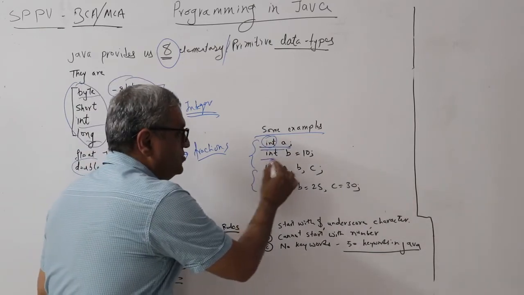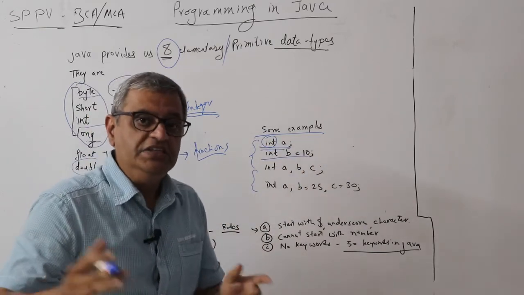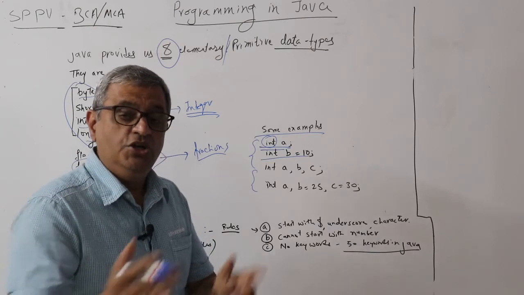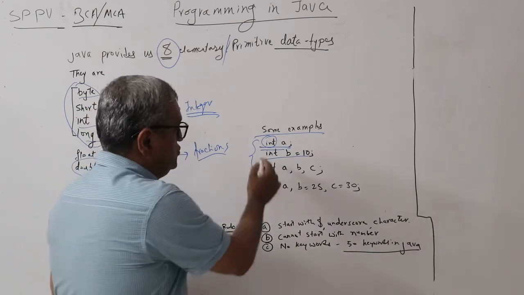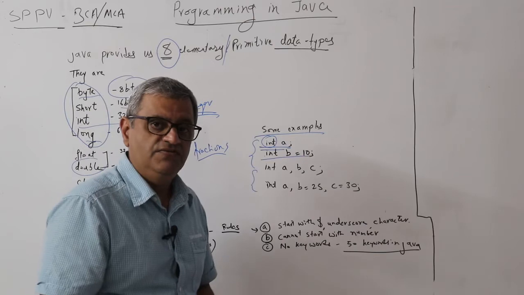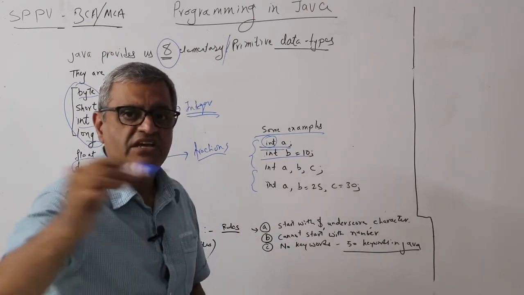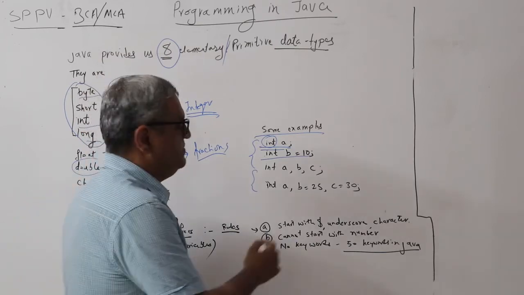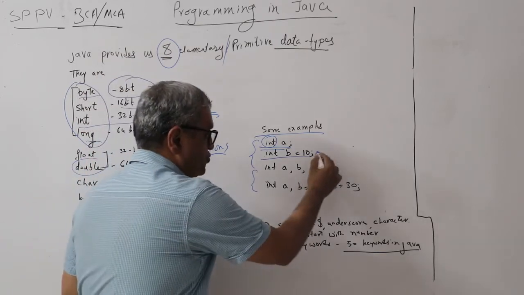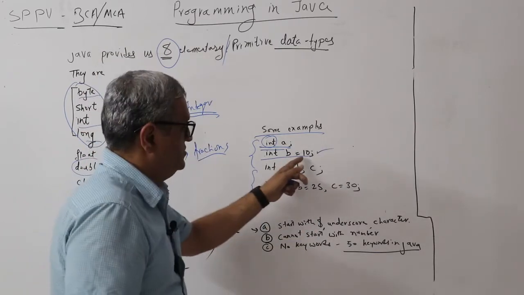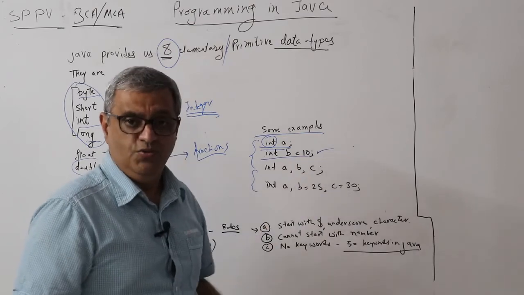I can also initialize the variable during the declaration itself. So on one line I can declare int b equals 10, which I have shown here, and you can see that it's all on one line.